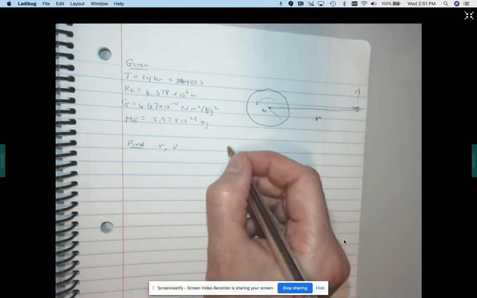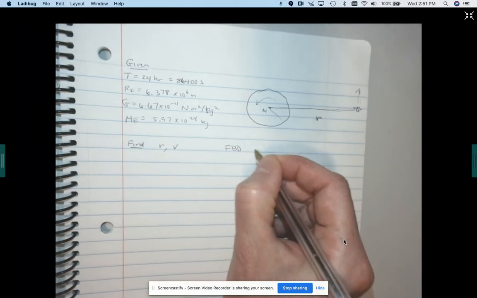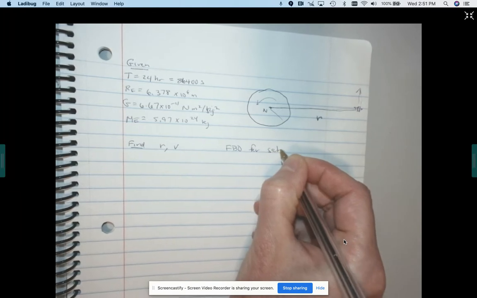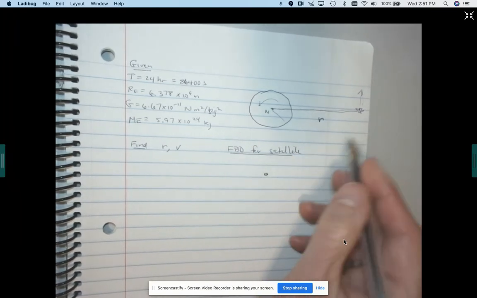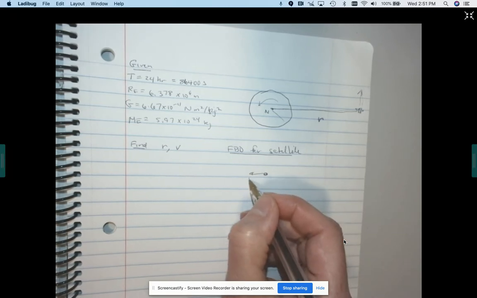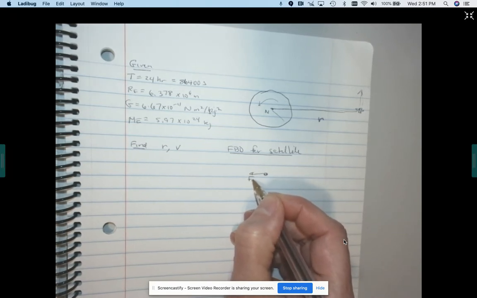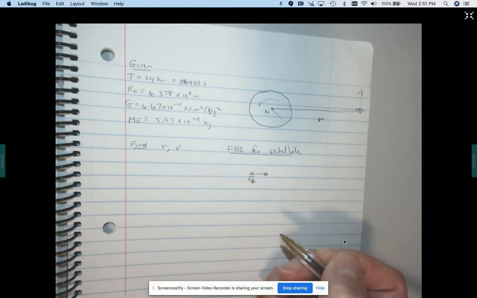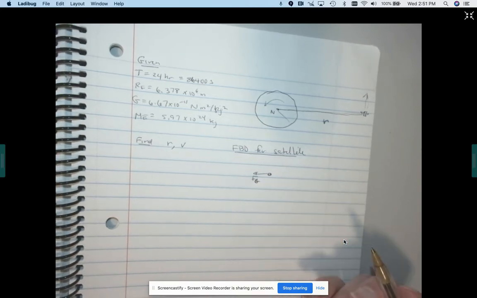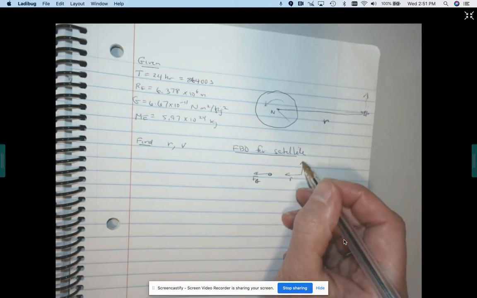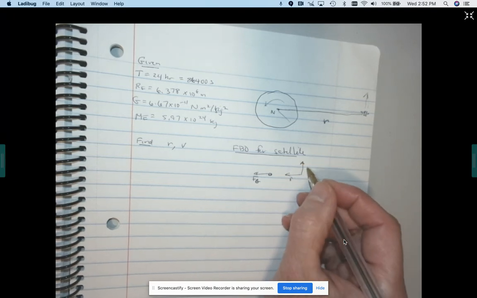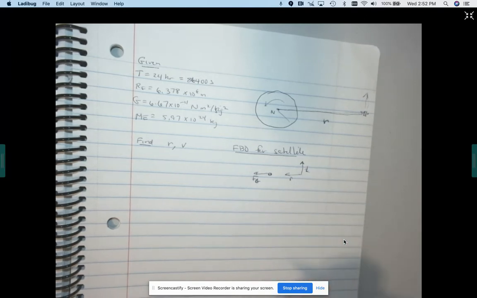So if we do a free body diagram for the satellite, here's our satellite, taking the same kind of view, there's a force of gravity. Maybe we'll say F big G, because it's not just the acceleration on the Earth. And that's it, actually. That's my radial direction, and this is my tangent direction if I'm doing a top-down view. But it doesn't matter, we're just going to be working in the radial direction.